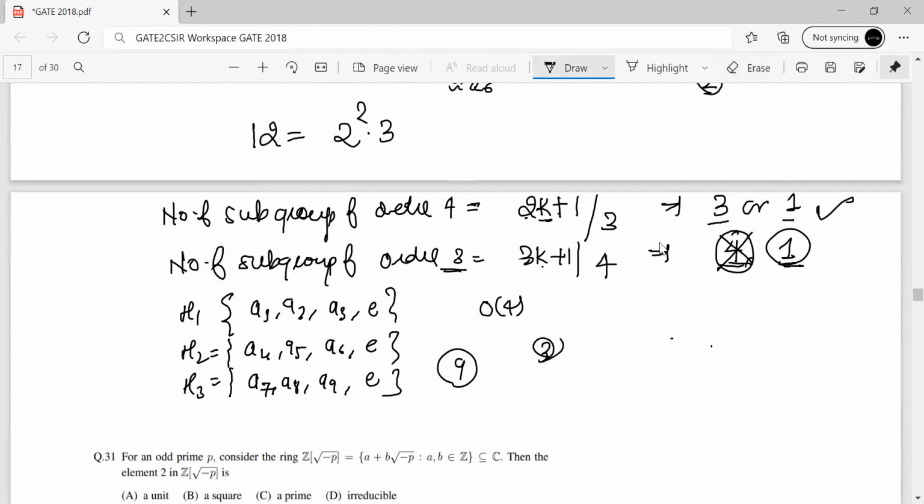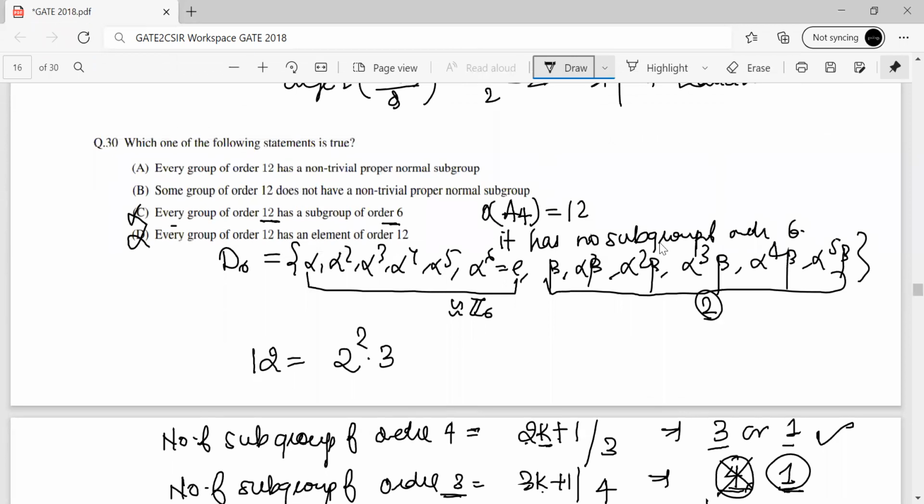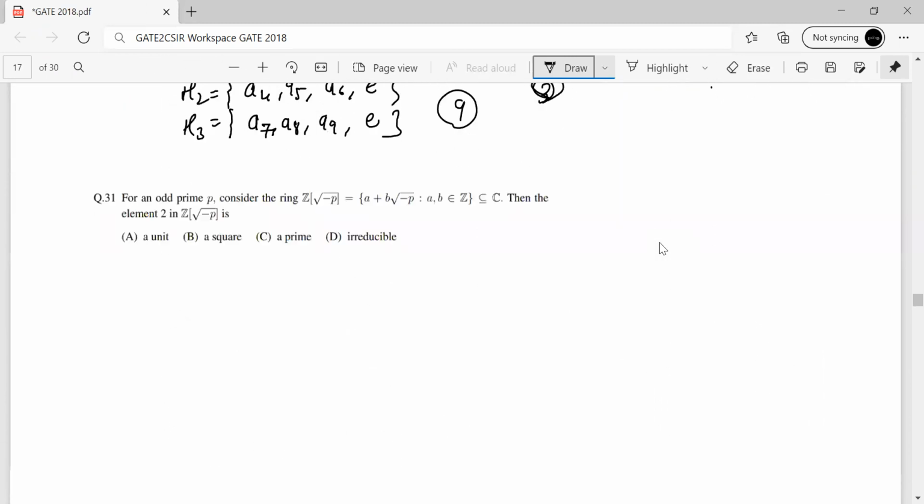The remaining 3 elements I can fit into a single subgroup, and if the subgroup is only 1, then it will be normal. But I found a proper non-trivial normal subgroup, so this option is again wrong. So option A will be true.